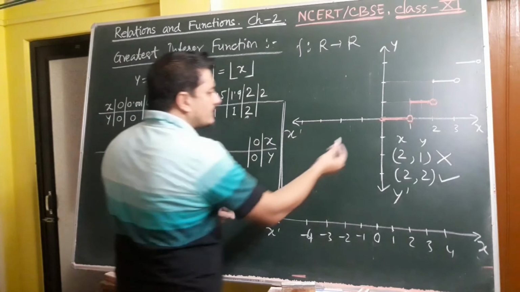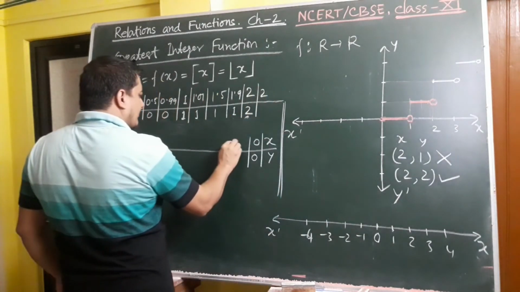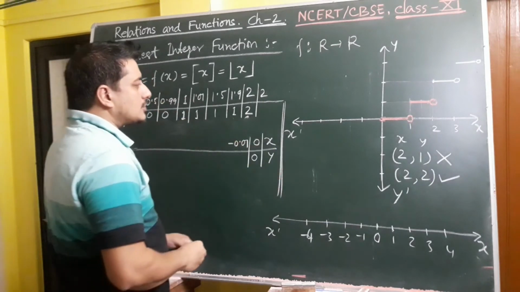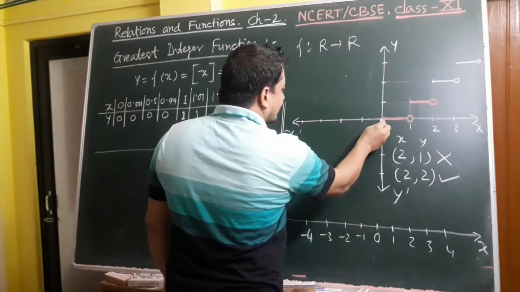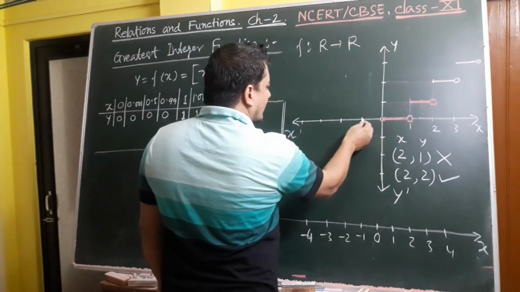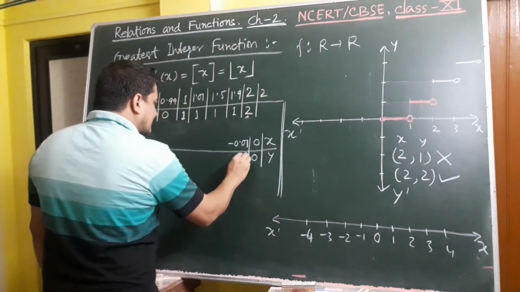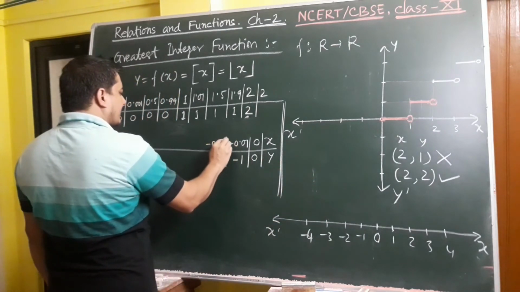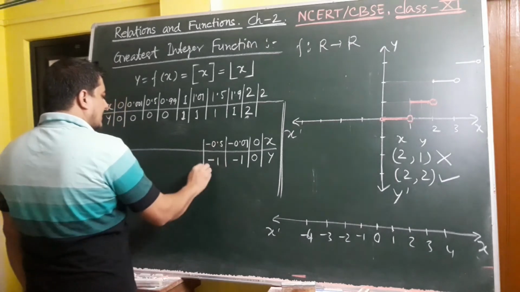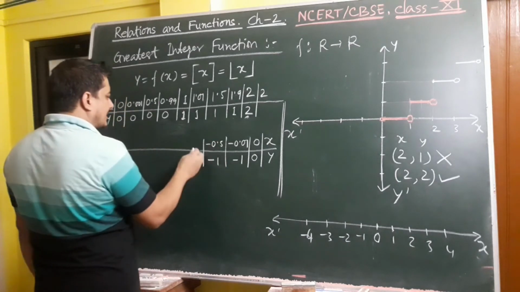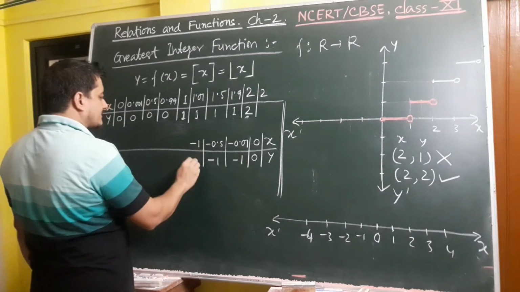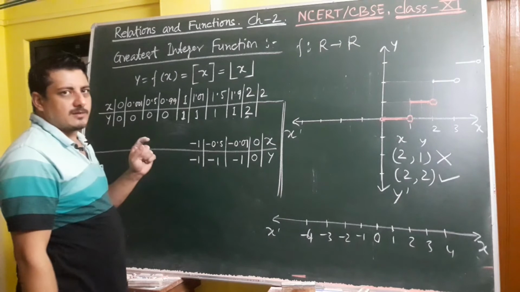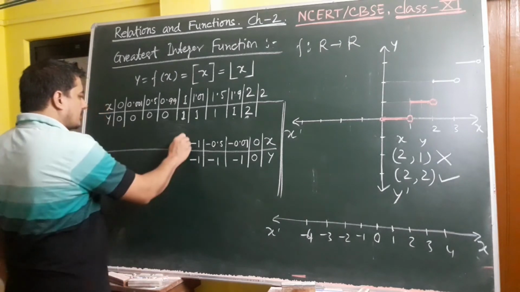Now we shall move slightly to the left, that means minus 0.0000000001. So what will be y? y will be minus 1. If it is minus 0.5, then also it will be minus 1. If it is minus 0.99, or even minus 1, it will still be minus 1.